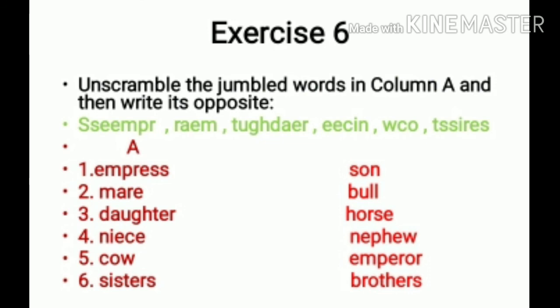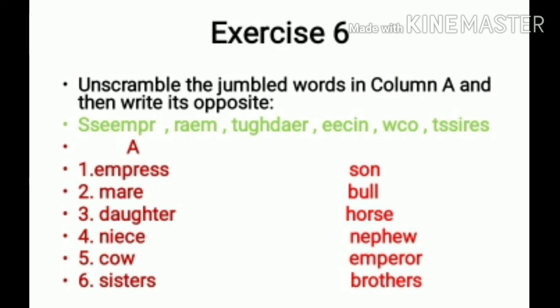Okay. Now we have to write the opposite gender of column A, and we have to write it in the number of alphabets. The first word has to be only of 3 letters. So which opposite of daughter is son? Son is of 3 alphabets. So first we will write son. Then will come bull, which has 4 alphabets. Horse has 5 alphabets. Nephew has 6.